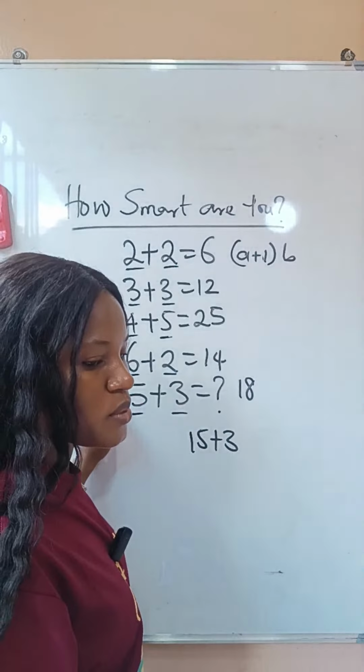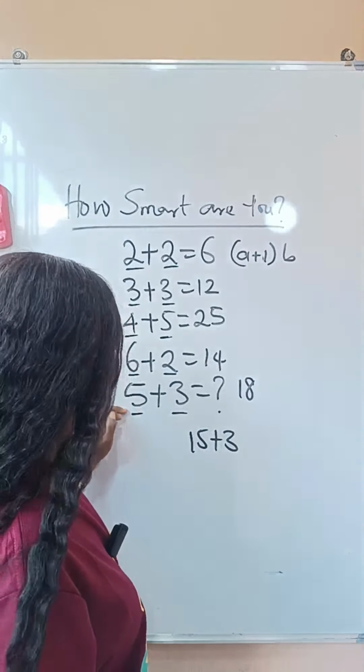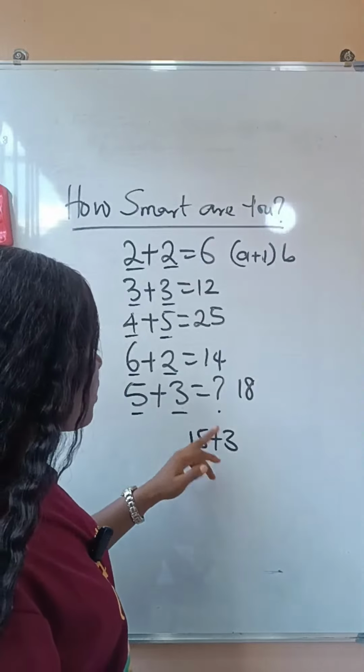Then 5 plus 1 is 6, and 6 times 3 is 18.